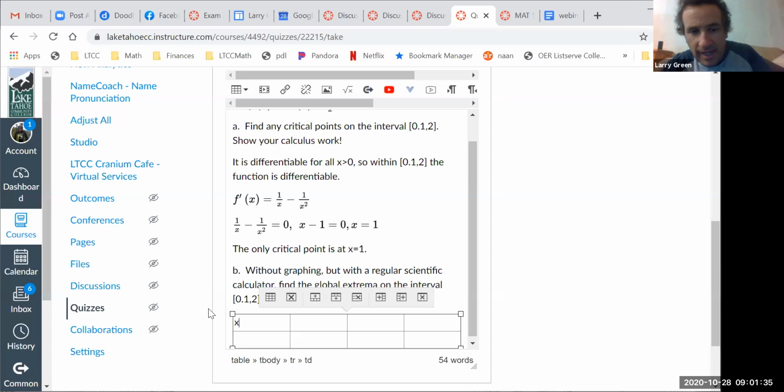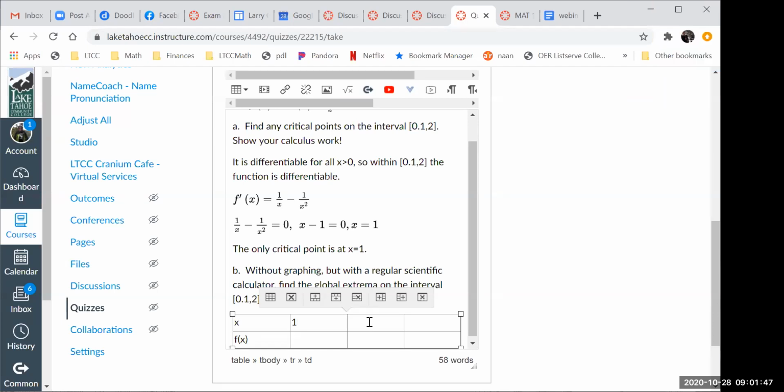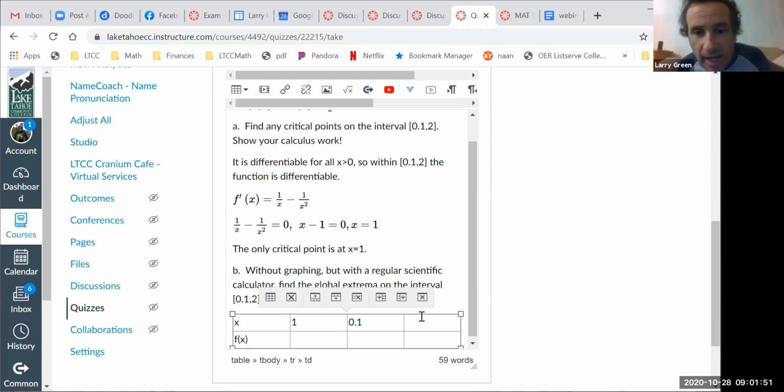We're looking at x and at f of x. In particular, the x's we have to worry about are 1, that's the critical point, and then 0.1, and then 2. Any questions so far?